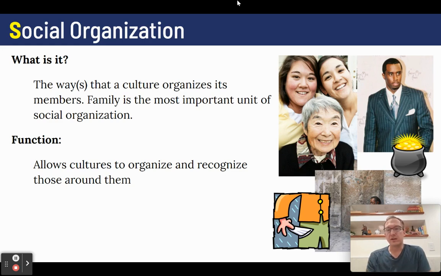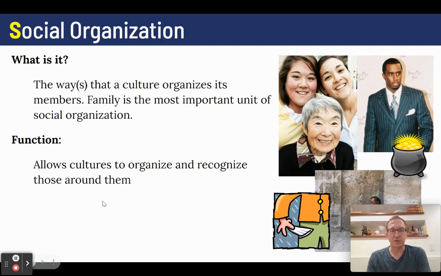And so if you look at the amount of money that somebody has in American culture, that's something that, for better or for worse, is a part of how we organize our members, who's at the top and who's more towards the bottom. So, what is the function? Why do that? Well, it allows cultures to organize and recognize those around them, and it helps us, again, make sense of everything that we're seeing in the world.